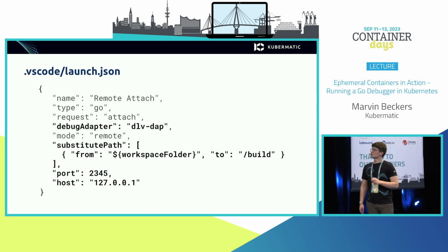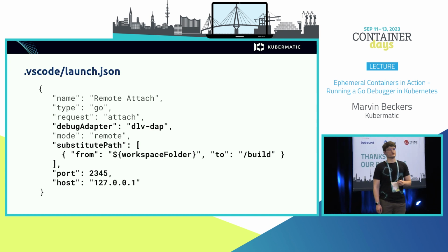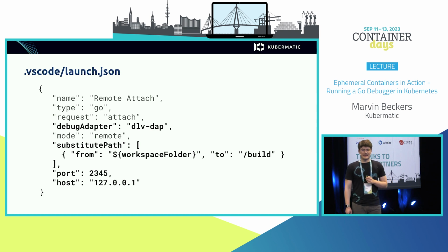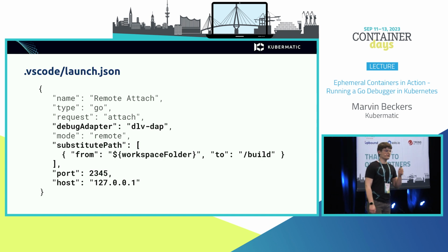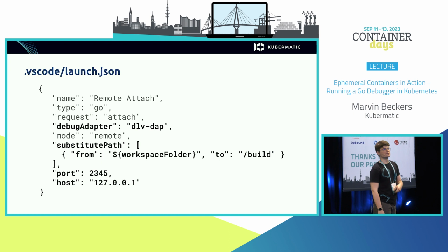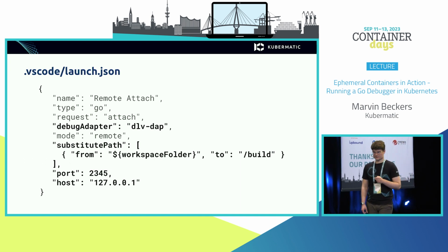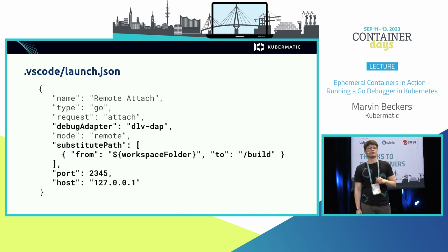And something also kind of important: since Go compiles the paths to your source files into the resulting binary, except if you trim the paths, I need to tell the debugger that instead of the paths on my local system, which might be under home, mbig, somewhere, I want it to use the path that I used when building the Go binary.